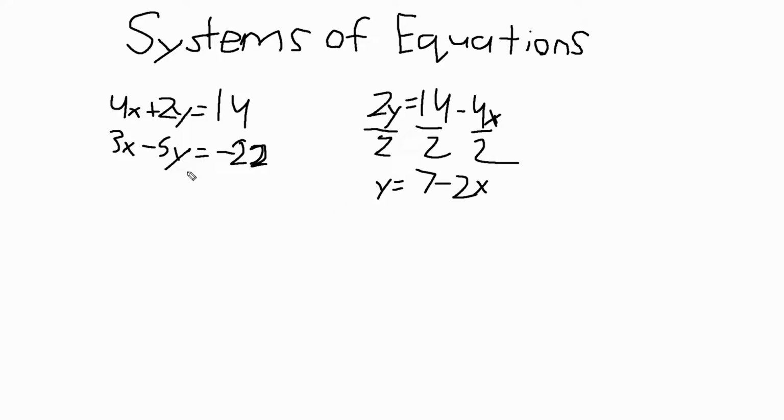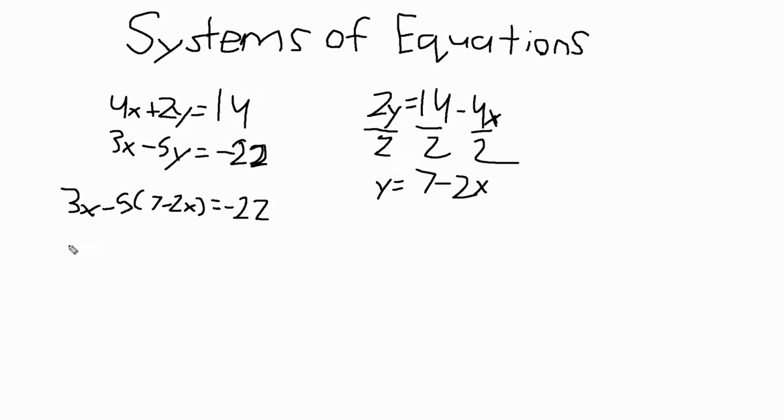So now we know what y is equal to, so we could substitute 7 minus 2x for y in this equation. So 3x minus 5 parentheses 7 minus 2x is equal to negative 22.